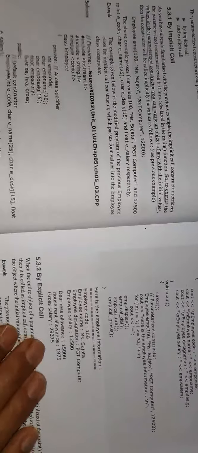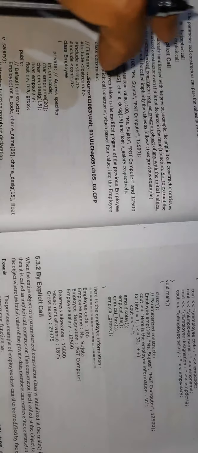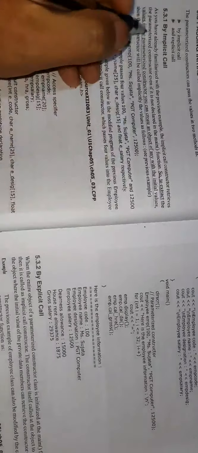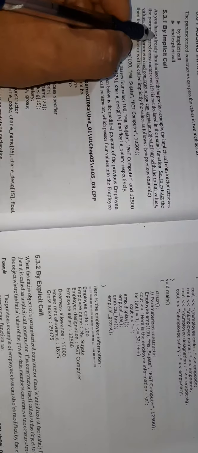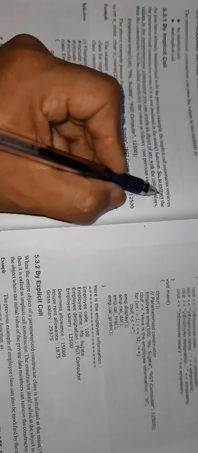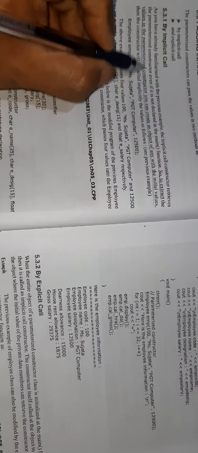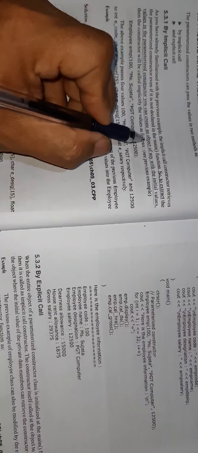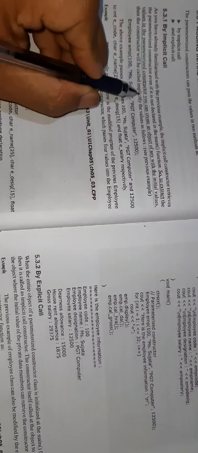This is how an implicit call is done. To extract the values in the parameterized constructor, you can create an object of any class with the initial values, and then the constructor will be called implicitly.